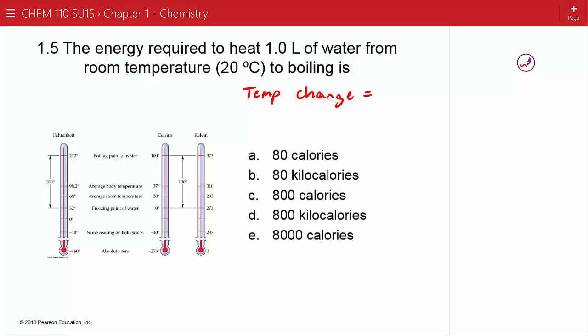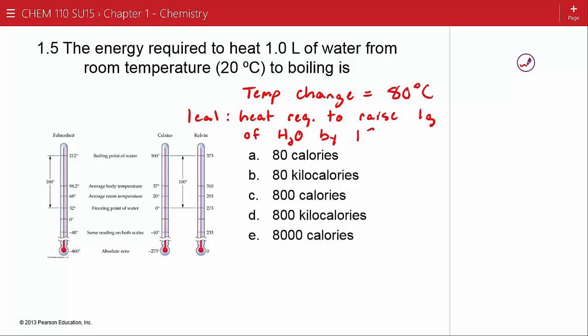We're going from 20 degrees to 100 degrees, which means our temperature change is going to be 80 degrees Celsius. And then we said before that 1 calorie is the heat required to raise 1 gram of water by 1 degree Celsius.